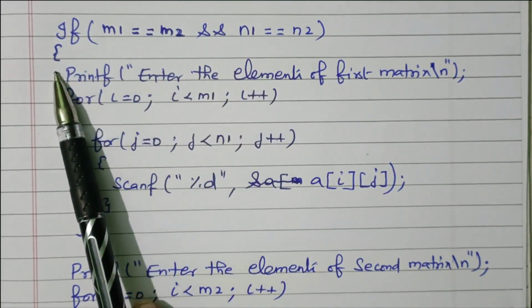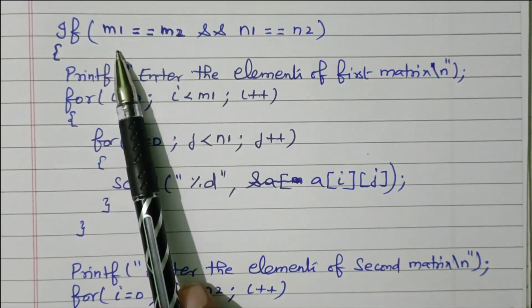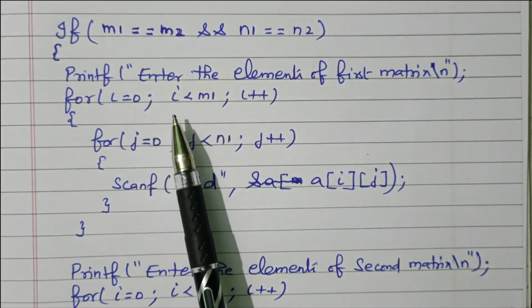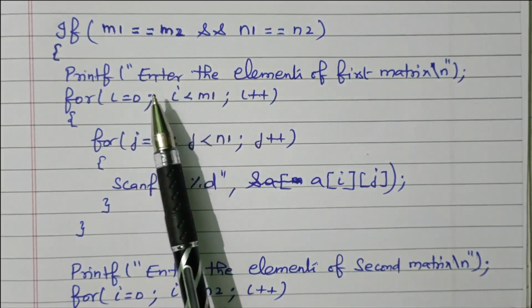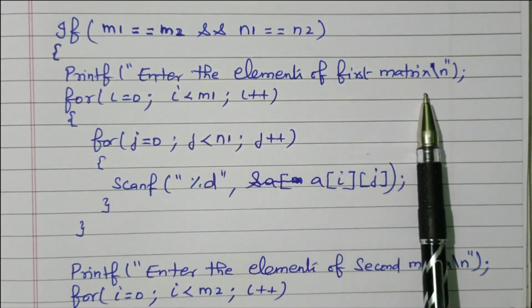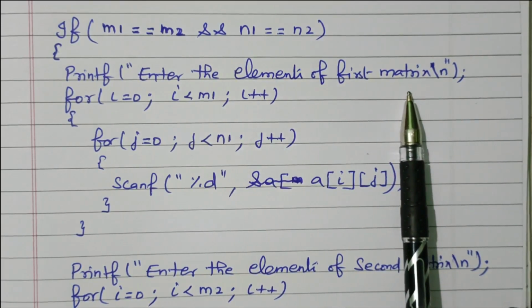Here we open one brace, right? Now we can perform the matrix addition. First we need to ask the user to enter the elements of the first matrix. Printf, enter the elements of first matrix, right? We already discussed a 3 cross 3 matrix, so the user will enter 9 elements.